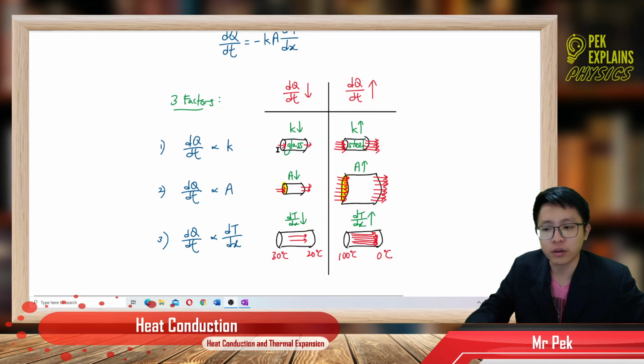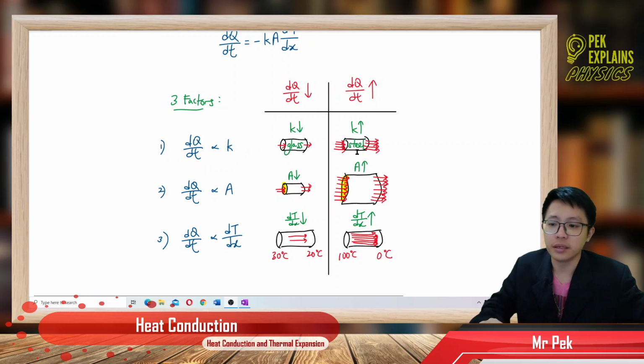So for the rate of heat flow, you see, there's only one arrow. That means for a bad conductor, the heat flows only a little bit, or very slowly. So low K, low dQ over dt.